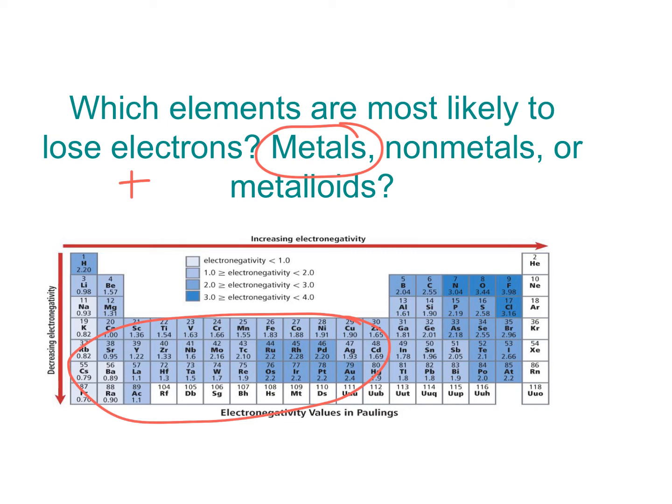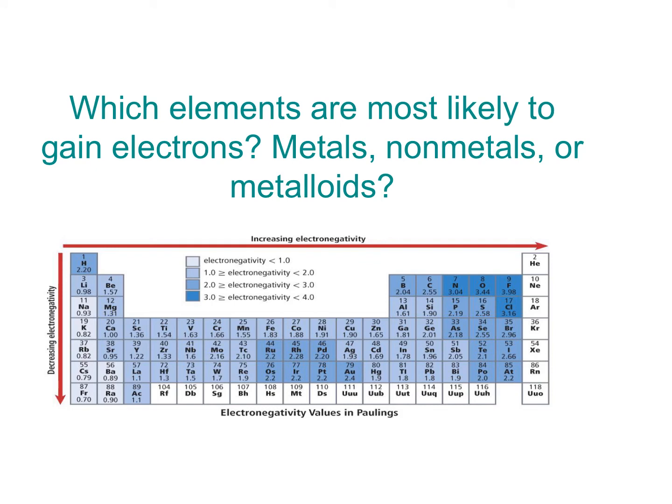So they are going to be our most likely to lose electrons. So what does that mean about which elements are most likely to gain electrons? This actually means that our nonmetals, which are our guys over here, are most likely to gain electrons and become a negative charge, negative ion.